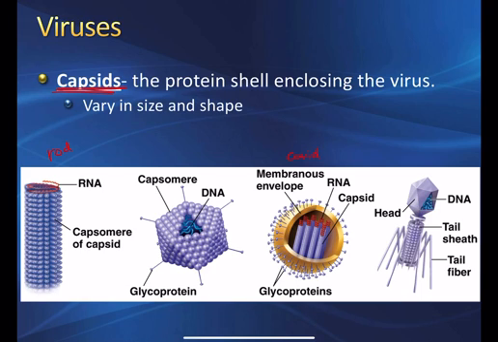This virus is a specific type called a bacteriophage, or just a phage in general. A phage is a virus that infects bacteria, and they have a very elaborate, specific shape. And the proteins that build the capsid are called capsomeres, and they help to protect that viral DNA.